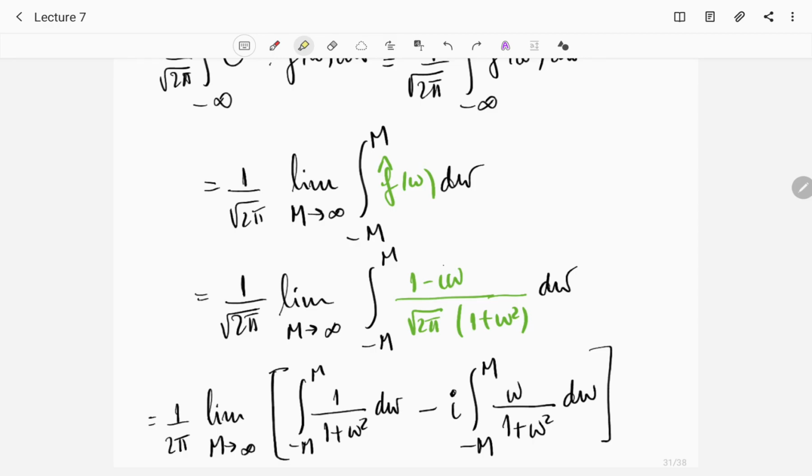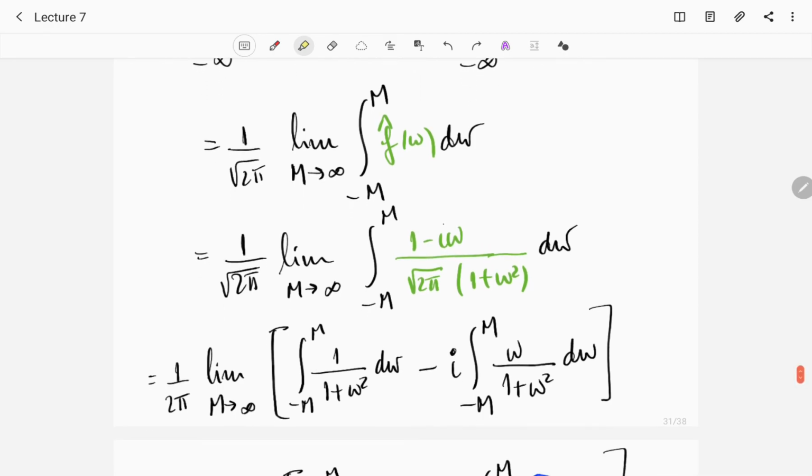So now we need to solve this integral, and one way is to split it into this first piece and this other piece here.